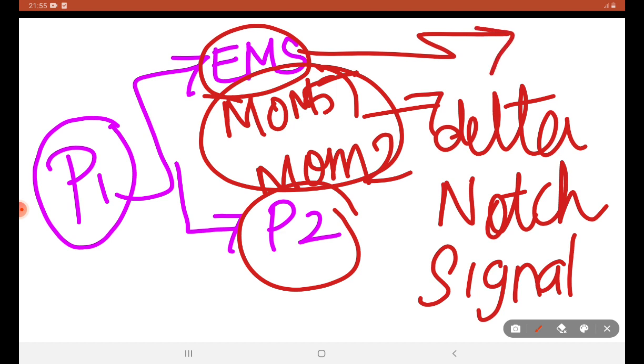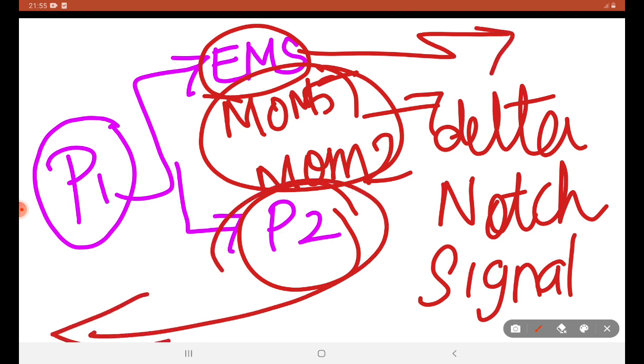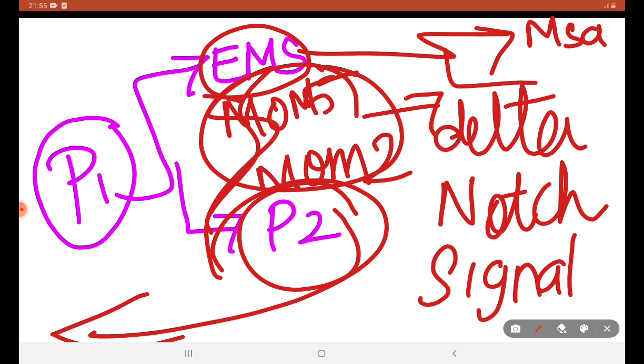So if they are asking, if P2 is removed, what will happen? MS will form because they are autonomously specified. They don't need this kind of signal transduction. E is conditionally specified, so E will not be formed. That's it.